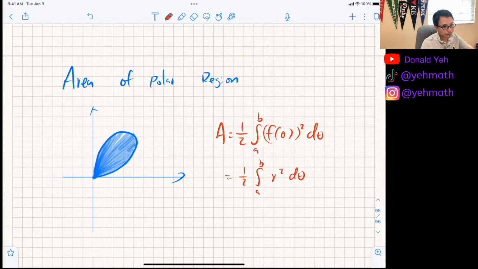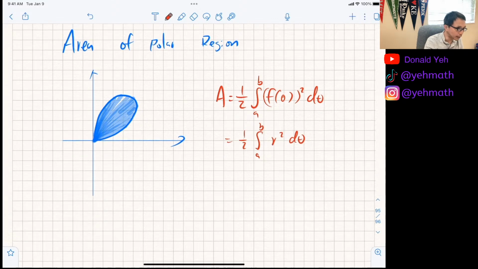Yes, f of theta is r. Remember you put r in terms of theta in the function. So f of theta is equal to r. Okay.